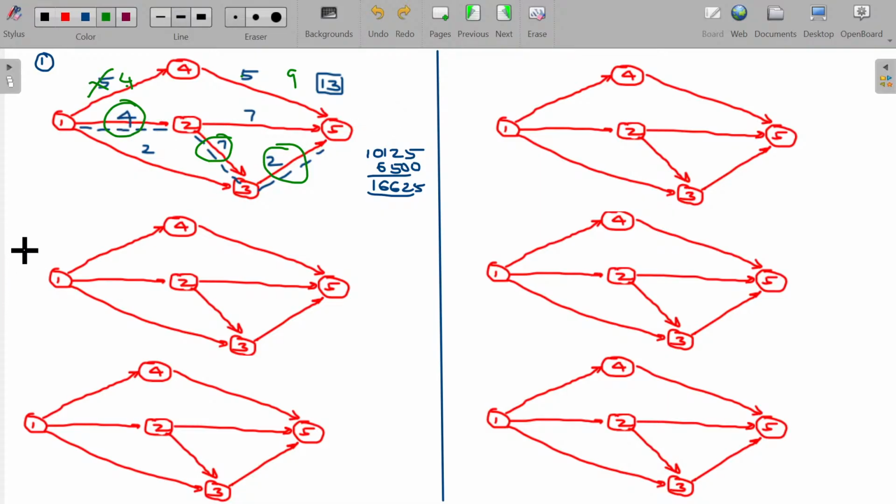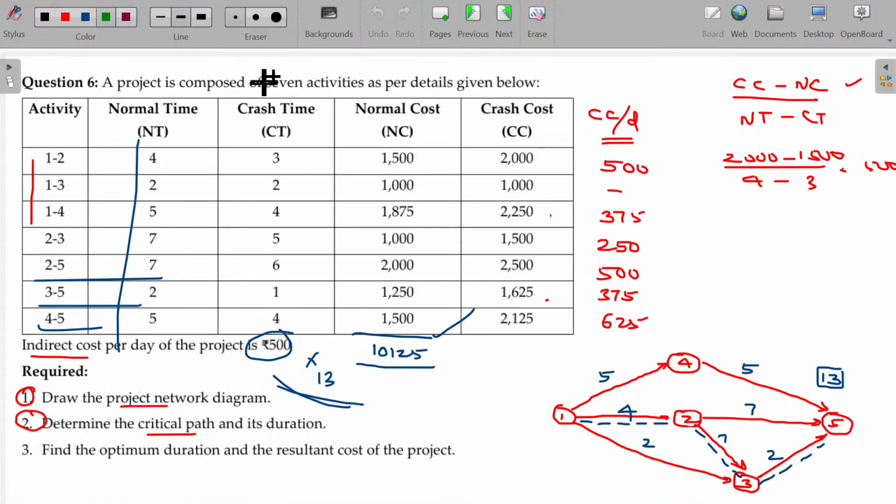To reduce the project completion time after finding the critical path, you need to reduce one of the critical activities' duration. Now we have 1 to 2, 2 to 3 and 3 to 5. Among the three, you can reduce one. Which is going to be reduced here? What are the critical activities?